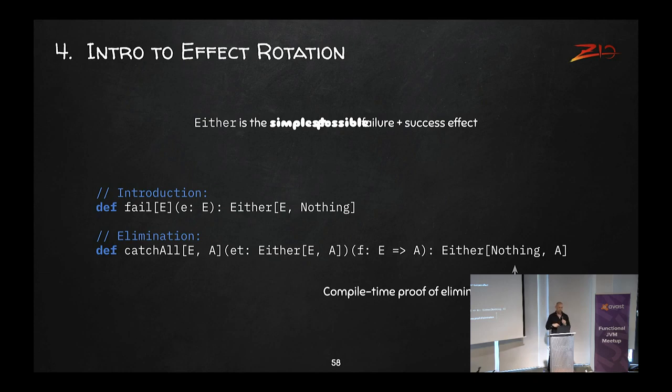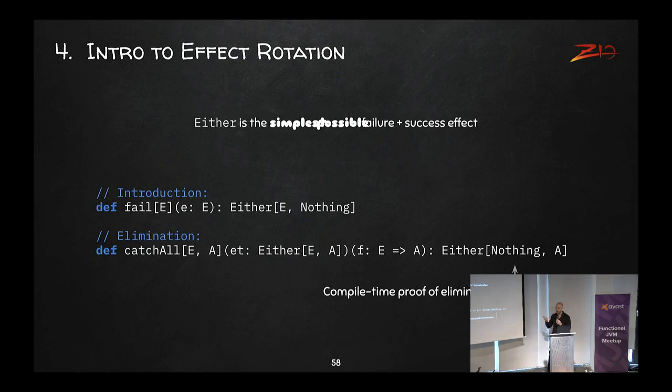So using these two functions, fail to introduce errors and catchAll to eliminate them, we can see some similarity to the monad transformer EitherT. With the monad transformer EitherT, we add EitherT on top of something if we want to introduce the possibility of failure, and then we run that by specifying a way to handle the error to eliminate that possibility.